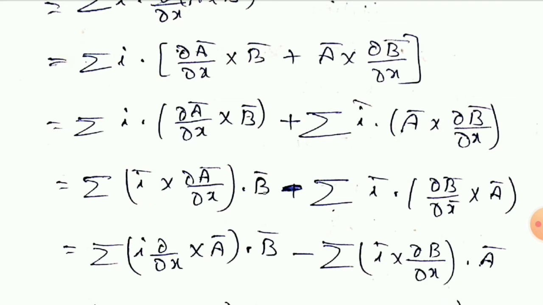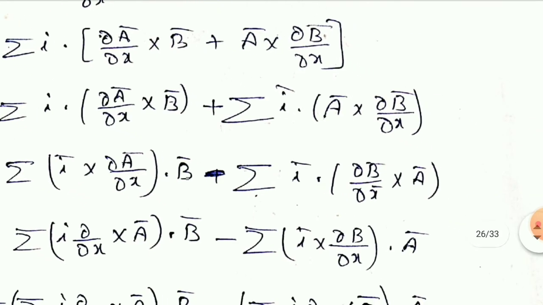We have a formula: a dot b cross c can be taken as a cross b dot c. So I apply the formula: summation i cross dou a bar by dou x dot b bar.